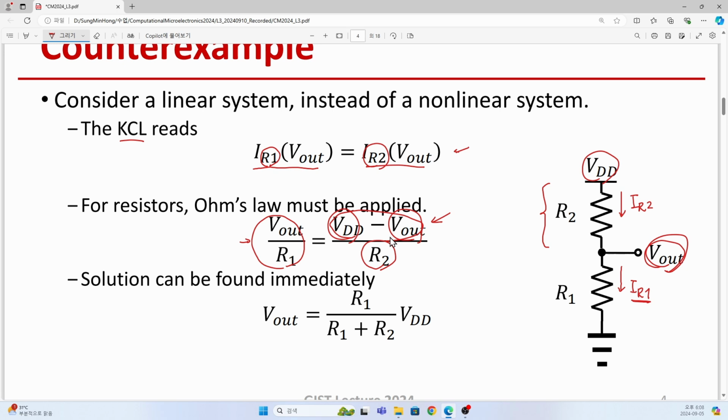Then here you can see that VDD is regarded as a given value, for example 1.2 volt, and these resistances R1 and R2 are all known values. So the solution can be found immediately analytically as shown here.